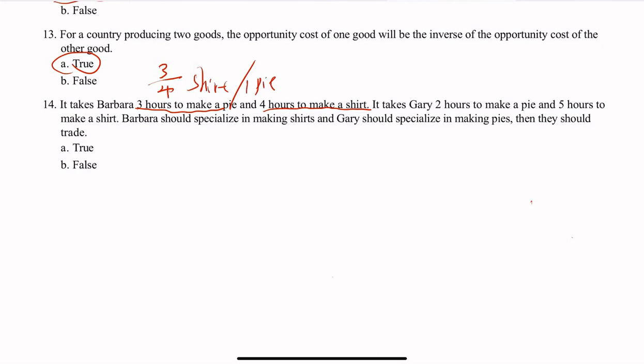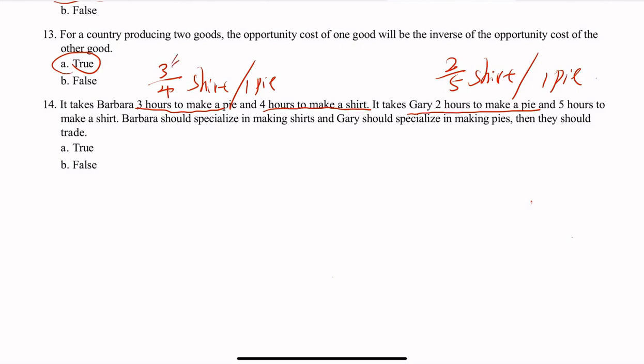What about Gary? Well, to make a pie, Gary needs to give up 2 hours. With these 2 hours, Gary can actually make 2/5 shirt, right? So Gary's opportunity cost of making one pie is 2/5.